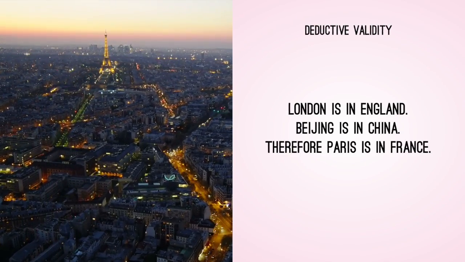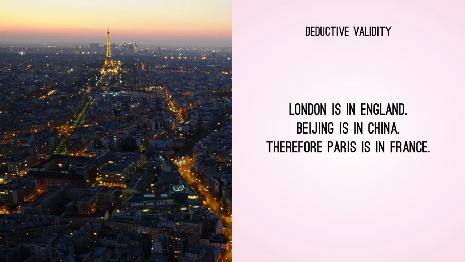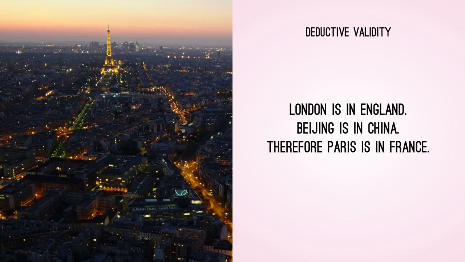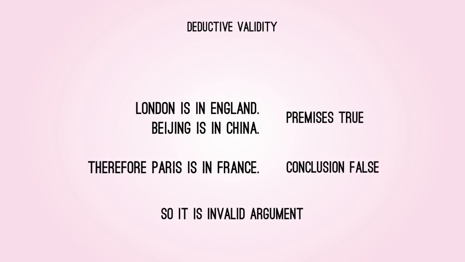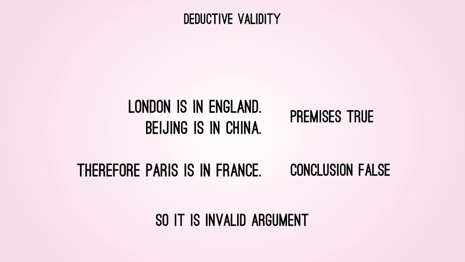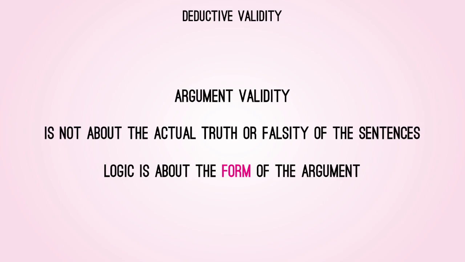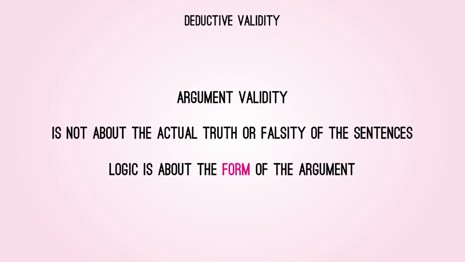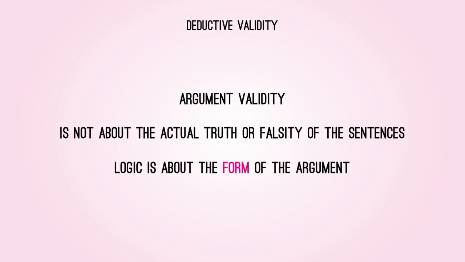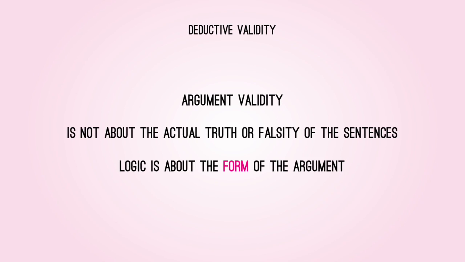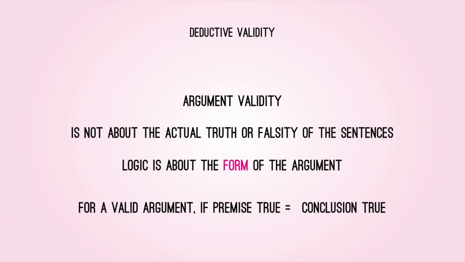Then the conclusion would be false, even though the premises would both still be true. Thus, it is logically possible for the premises of this argument to be true and the conclusion false. The argument is invalid. The important thing to remember is that validity is not about the actual truth or falsity of the sentences in the argument. Instead, it is about the form of the argument. The truth of the premises is incompatible with the falsity of the conclusion.